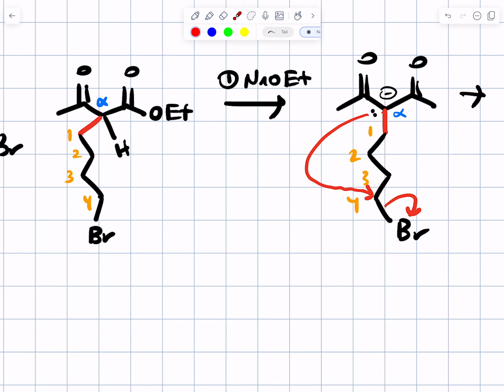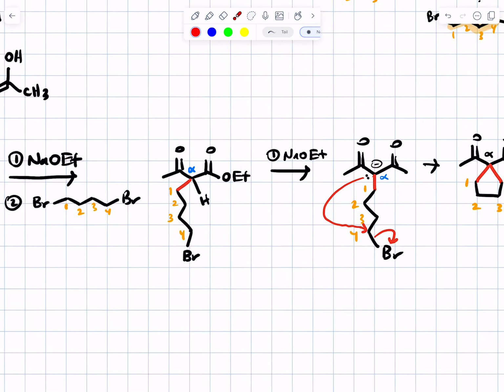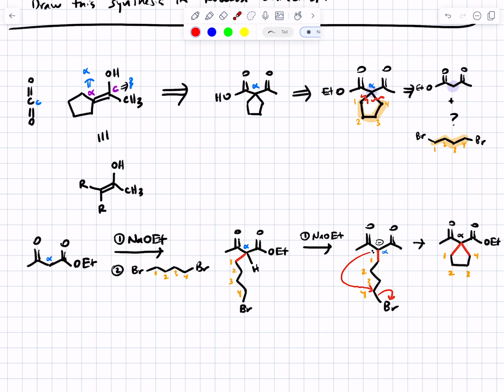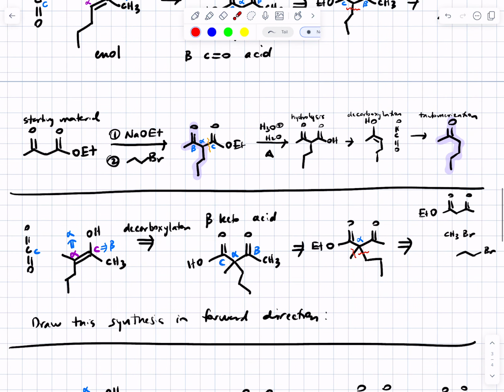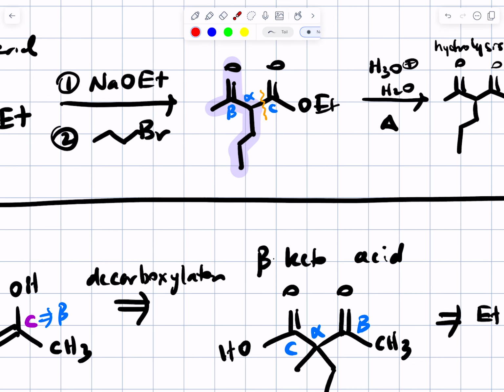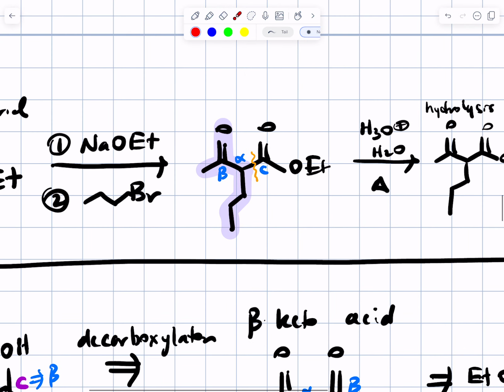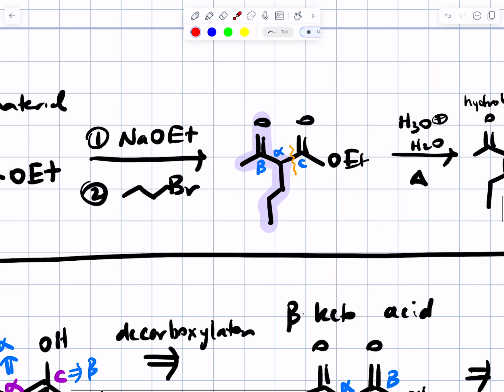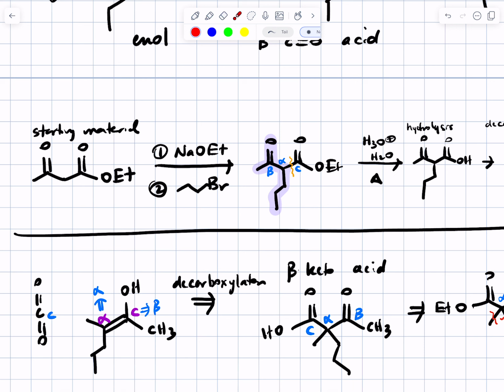On the first example, in the first synthesis, we only had one equivalent of the alkyl bromide. Why wouldn't that attack again? We could have chosen for that to happen, but the point is that when we use this base, removal of this proton is 100% in a single step.